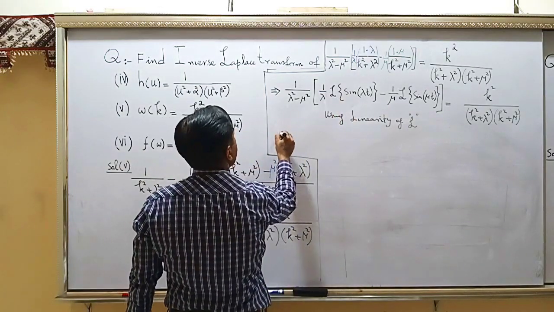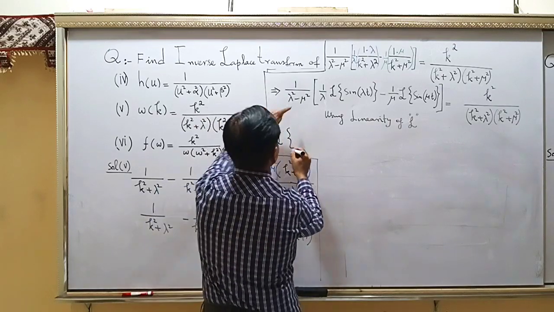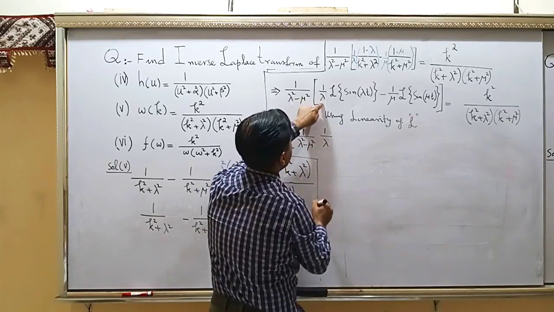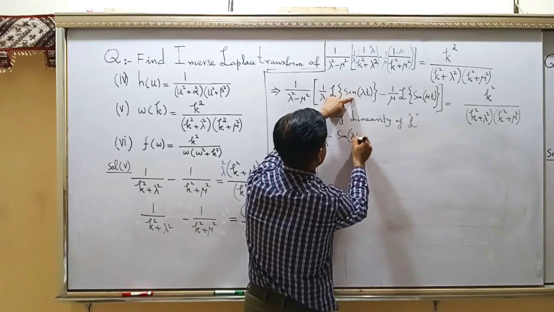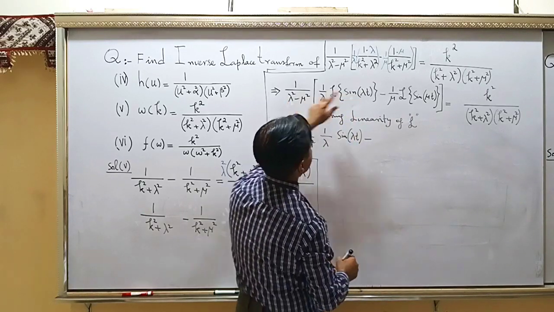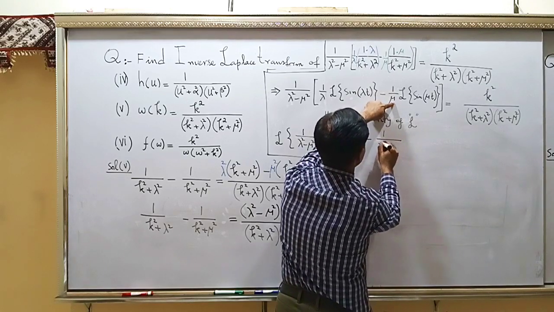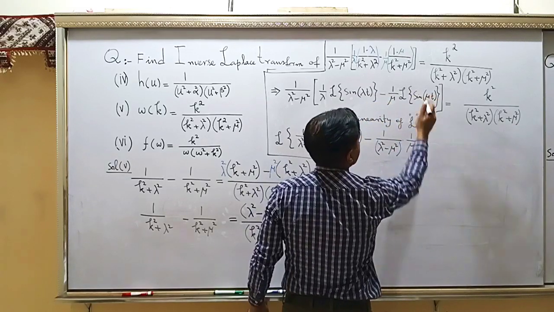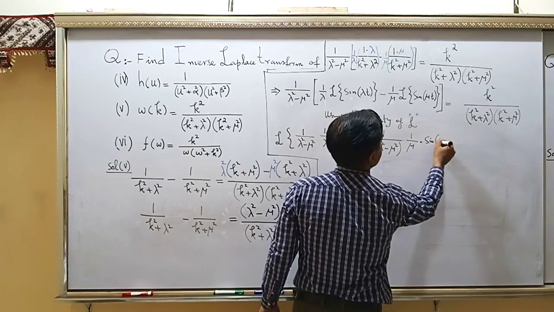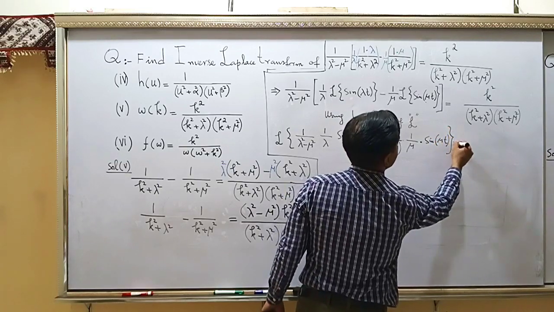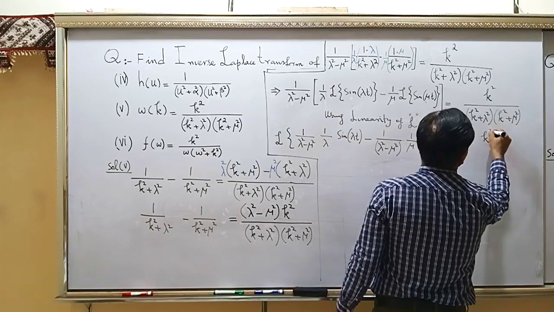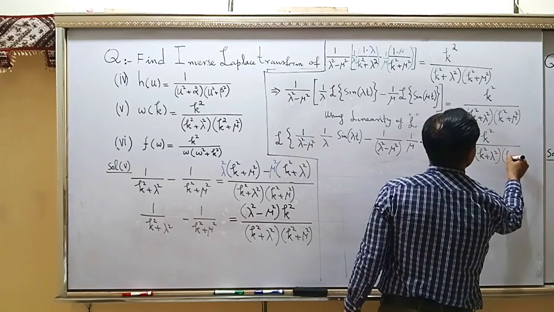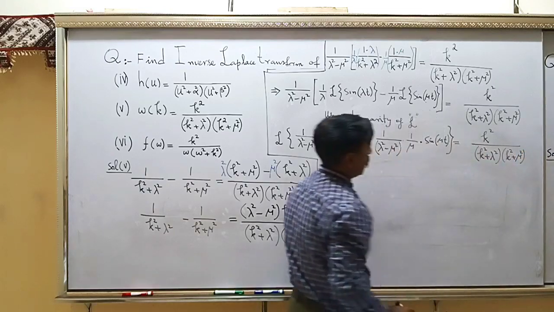So the Laplace transform acting on this constant into this function sine lambda t, minus this constant, lambda square minus mu square into 1 over mu, into this function sine of mu t, bracket closed, and the right hand side is still the same, no change in it, k square plus lambda square into k square plus mu square, right?